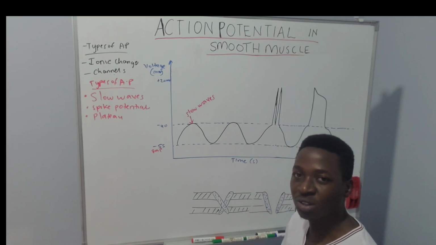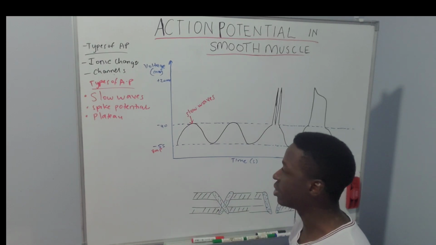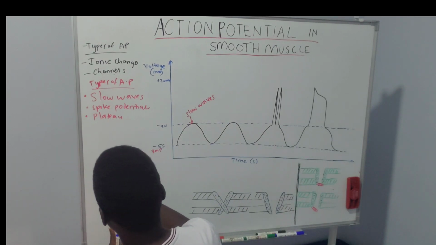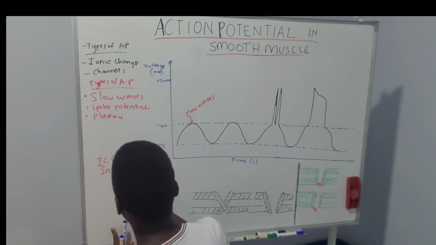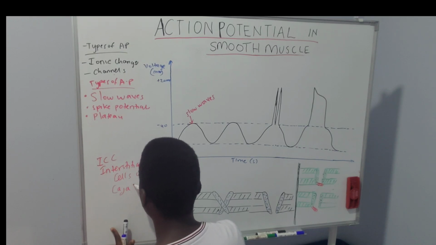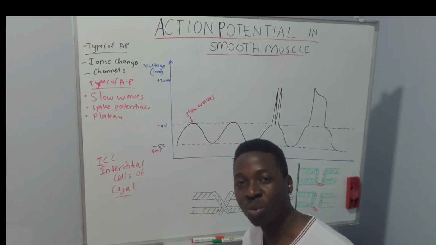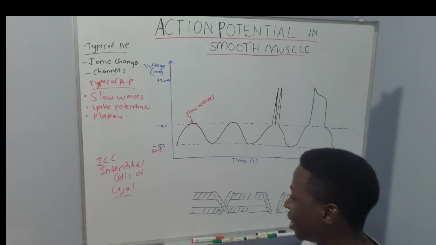The uniqueness about the resting membrane potential of these channels, especially visceral smooth muscles like those of the GIT, is that they have an inherent pacemaker, which is called the ICC, the interstitial cells of Kajal. This man here is actually a Nobel Prize winner in physiology.